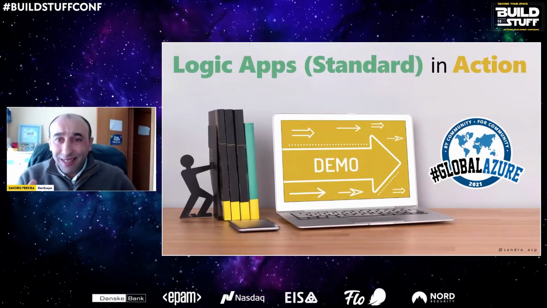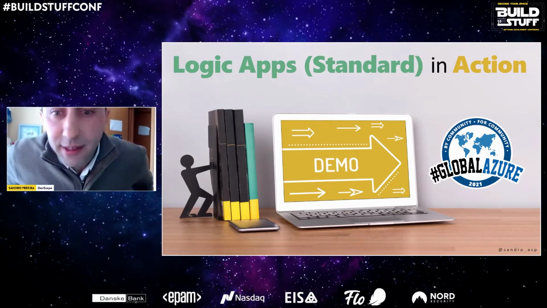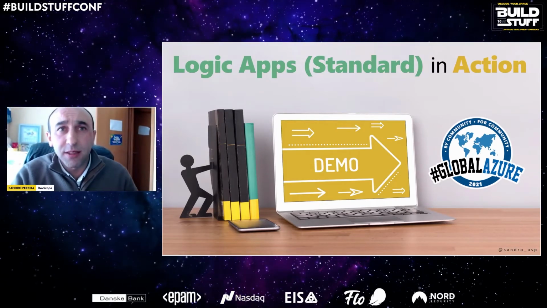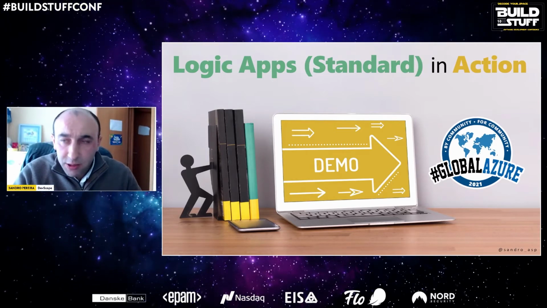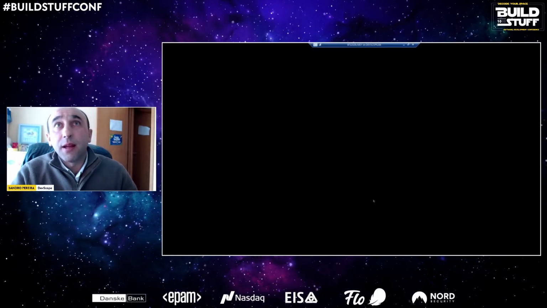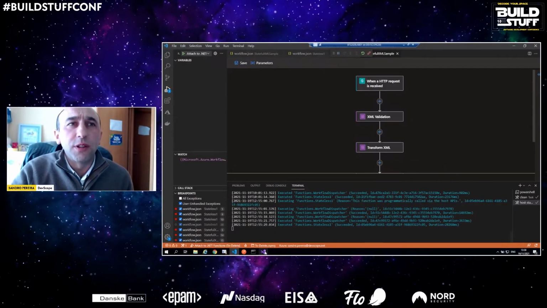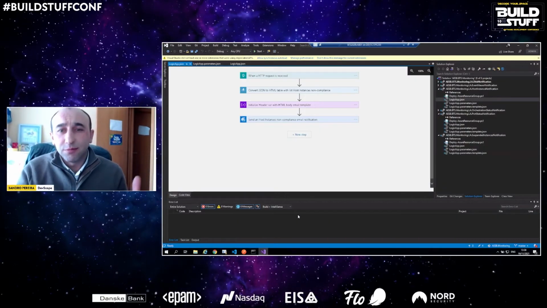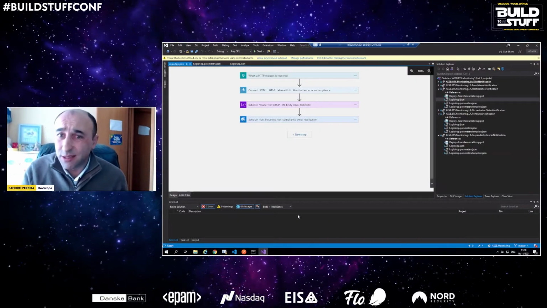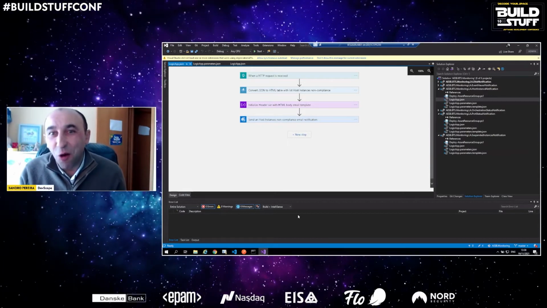So let's see a little about this Logic App Standard and Logic App Consumption also. Let's bring my machine here. Let me first go to the Logic App Consumption. This is the old way to do the stuff, or the oldest way.